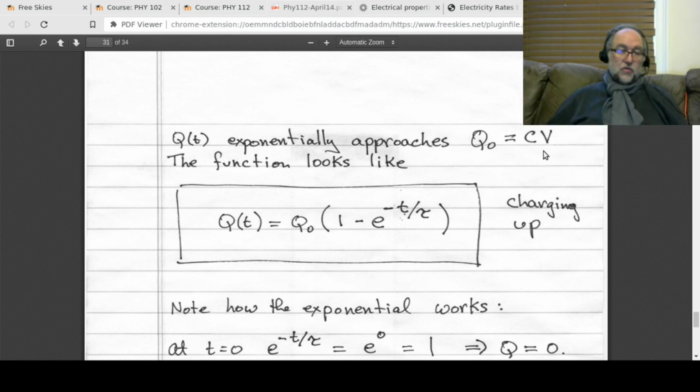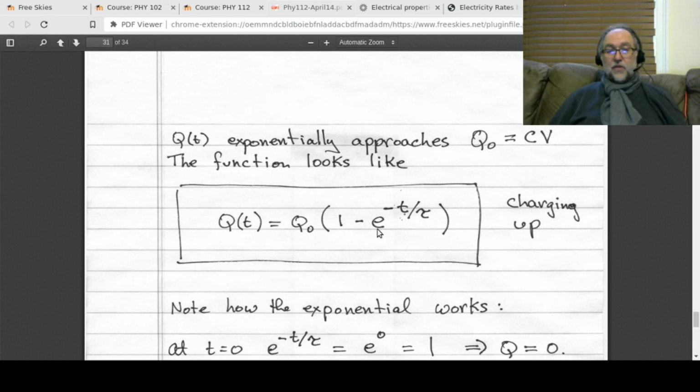Now it's stretched out over time. So Q as a function of time is going to equal that Q naught, that maximum, multiplied by this function here, 1 minus e, that's Euler's constant, e to the minus t over tau. Now that e on your calculator, you're going to have to figure out how that works.